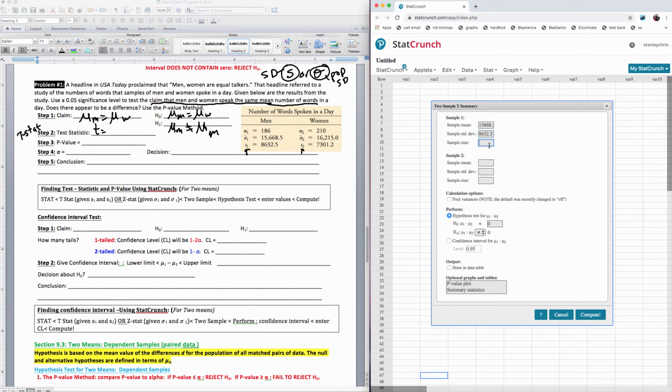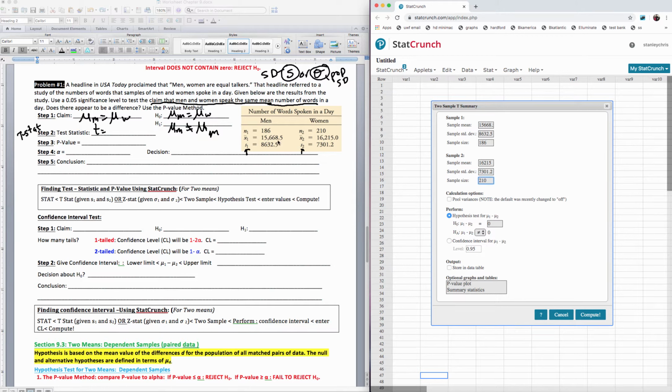And the sample size will be 186. Next, sample mean, 16215.7, standard deviation 7301.2, and the sample size here is 210.